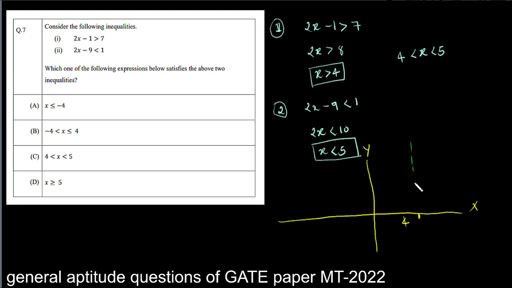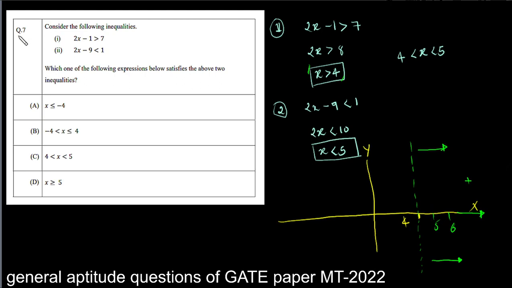According to the first inequality, x must be greater, so I have to move right from this line, because the x-axis is positive in this direction. Here we have 5, here 6, and it goes on to infinity. So we can select any value greater than 4.